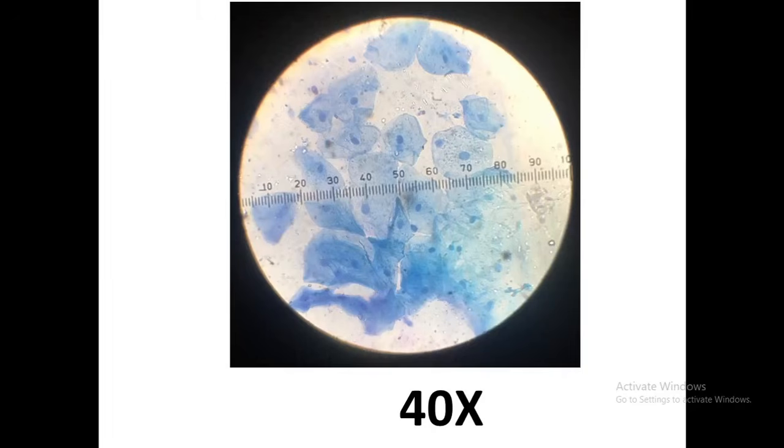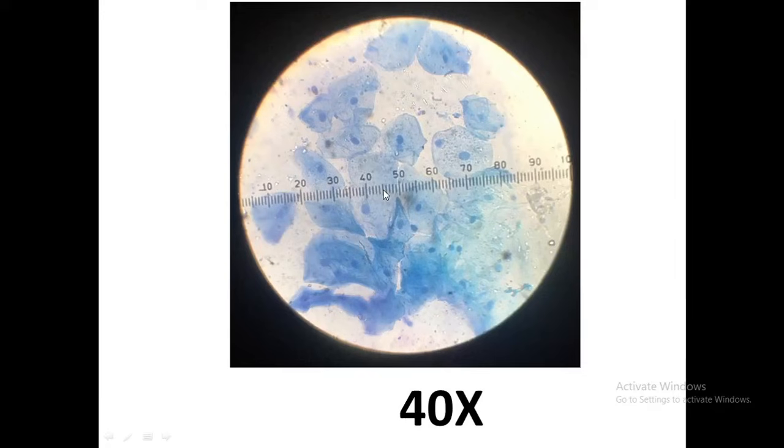Not only a plant cell but also an animal cell can be used. As you can see, this photograph is of a human cheek cell and 40x has been used. With the same calibration factor, we can also measure the diameter of these cells.